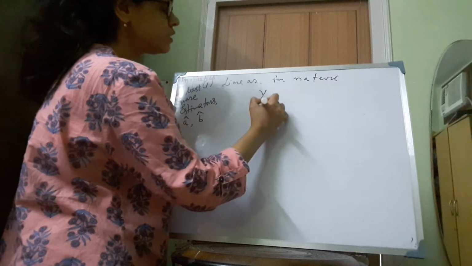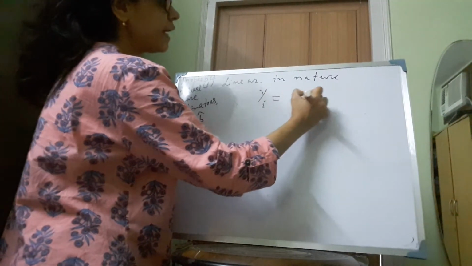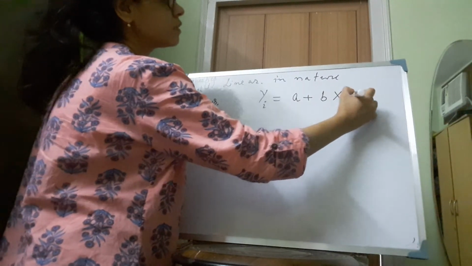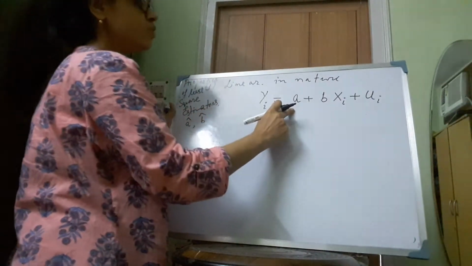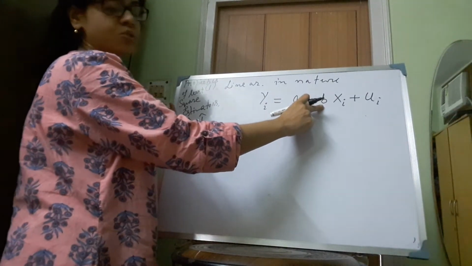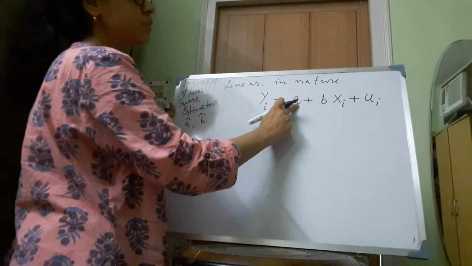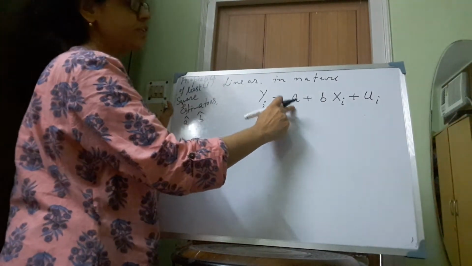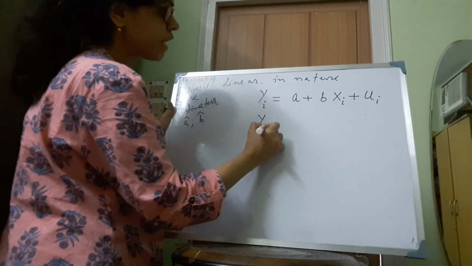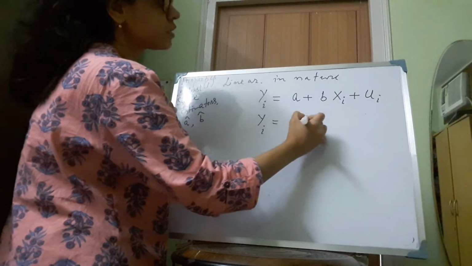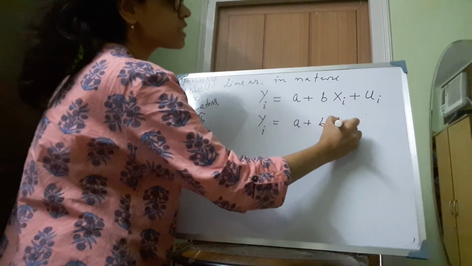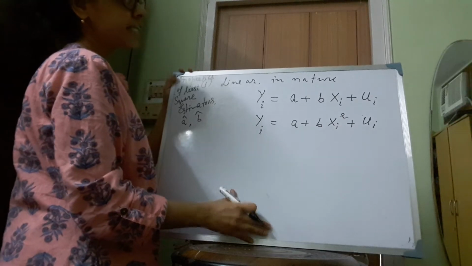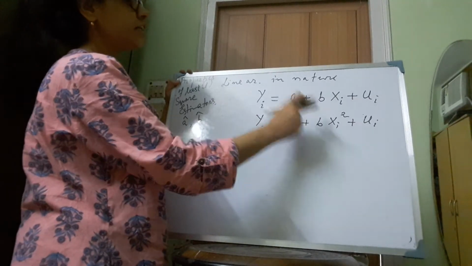So suppose we are considering this equation yi is equal to A plus B xi plus ui. So this equation is linear in parameters. So here in this case we have two parameters A and B, and it is linear in parameters because we are considering A and B here. Now if we consider this equation yi is equal to A plus B xi square plus ui, then in that case also it is linear in parameters.